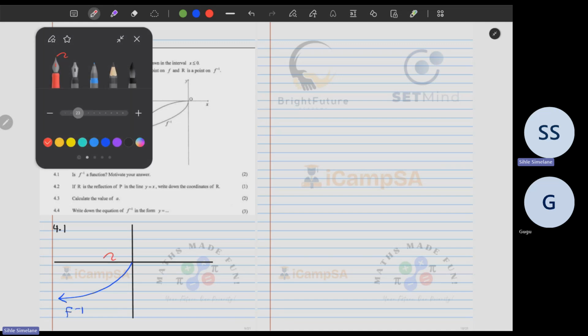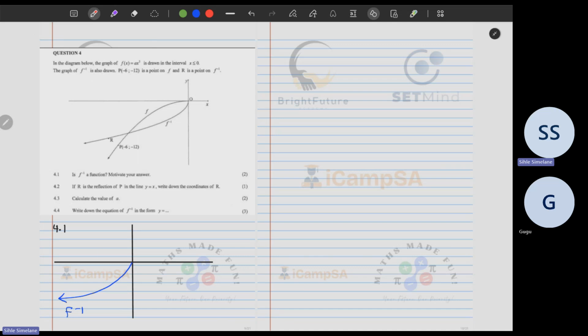If we do the vertical line test, as you correctly point out, we'll only cross at one point. So it passes the vertical line test. So we can clearly and confidently say that the inverse, f minus 1 of x, is a function. Why? It is a function because it passes the vertical line test.